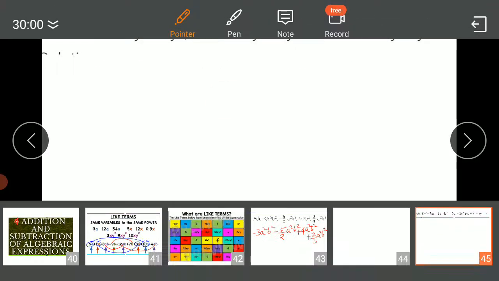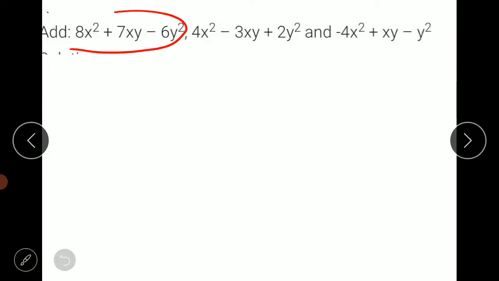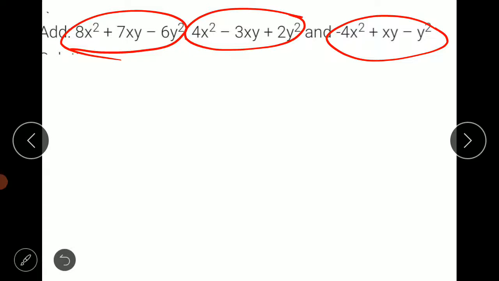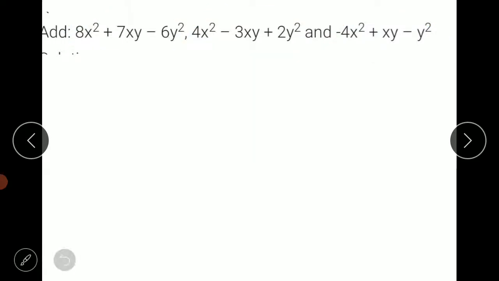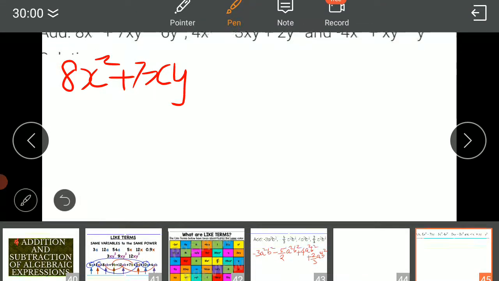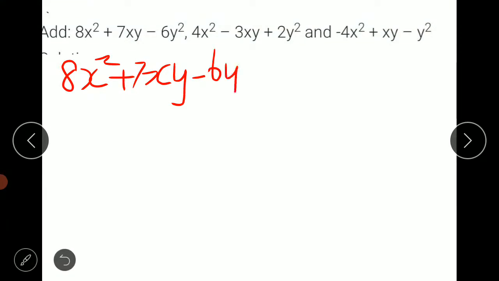There are 3 expressions, 1 2 3 algebraic expressions we are going to add as usual. So now copy the first expression as it is, 8x square plus 7xy minus 6y square.